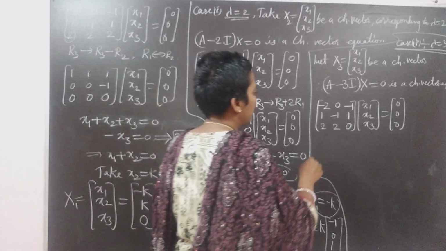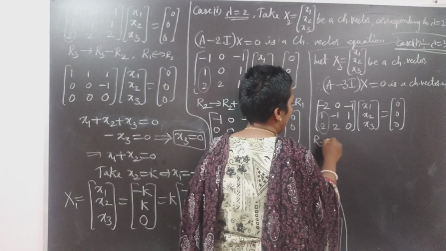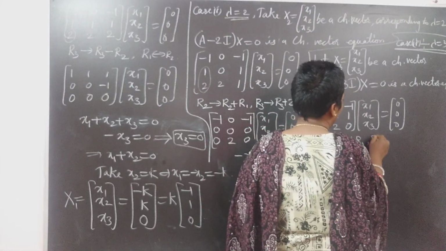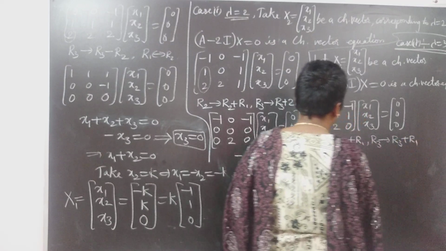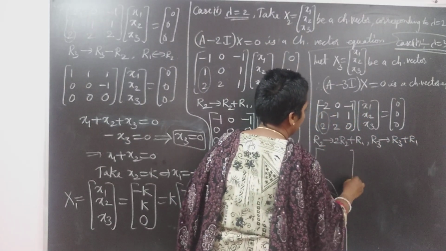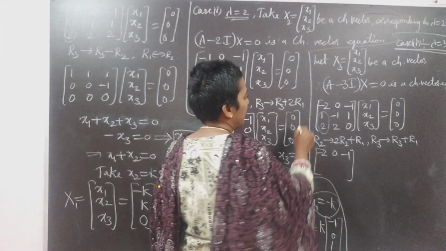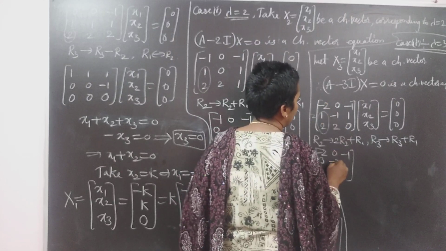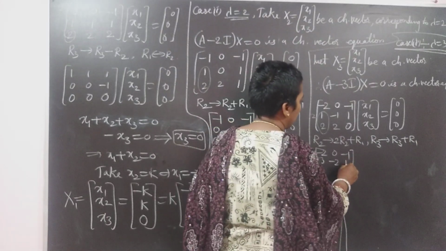Here, these two elements are reduced to 0 by using the row operations R2 into 2R2 plus R1, R3 into R3 plus R1. Then the A matrix is minus 2, 0, minus 1, multiplying with 2, 2 minus 2 is 0, minus 2 plus 1, it is minus 1, 1.